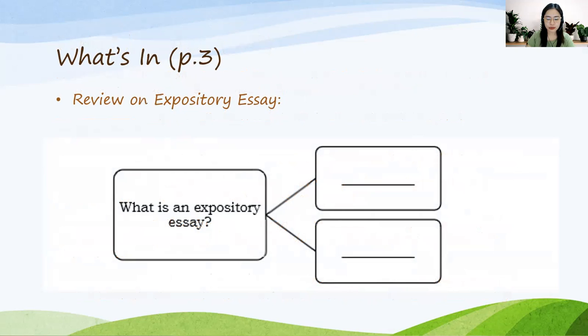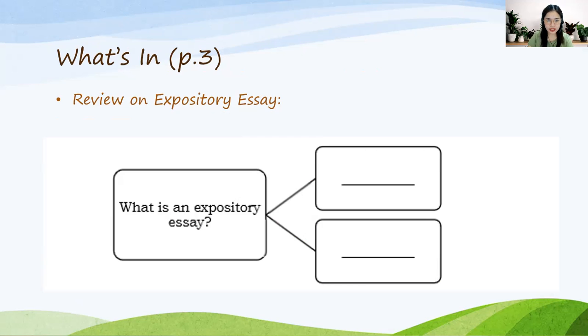Under What's In on page 3, this is a review of your learnings about expository essay. You are now holding the last module, and we sincerely hope that you have learned a lot from the modules that we've discussed before. So before we start with this module 7, we have to look back at what we have learned about expository essays.